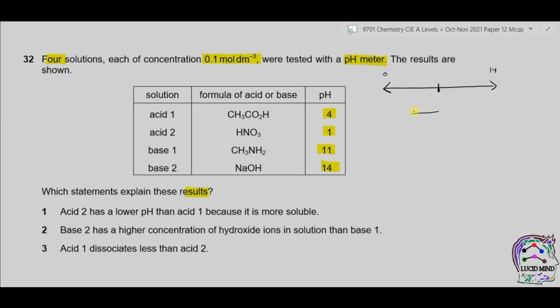Now a stronger acid means we have lower pH. Or we can say that at lower pH we have more H plus ion concentration.